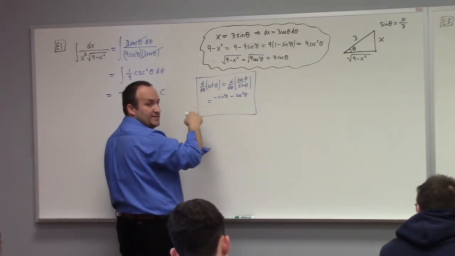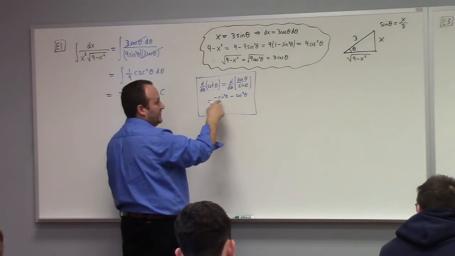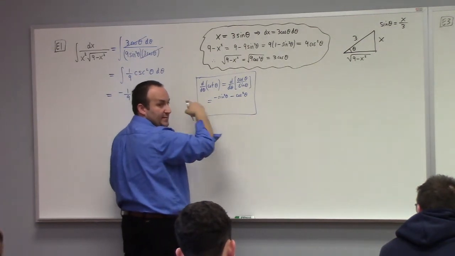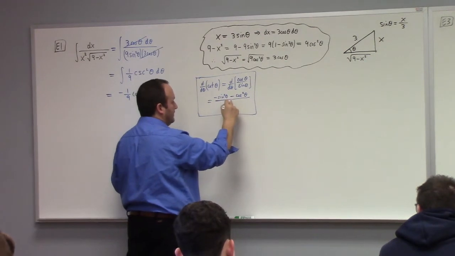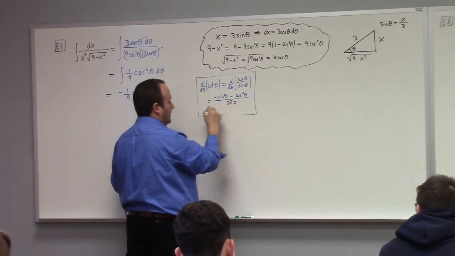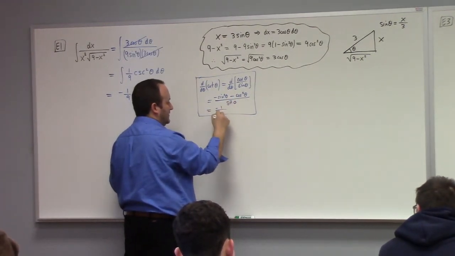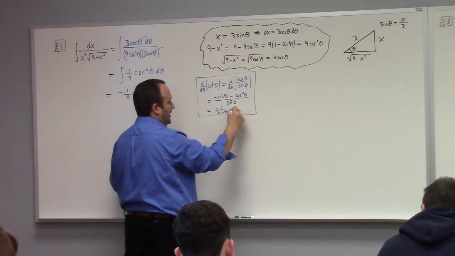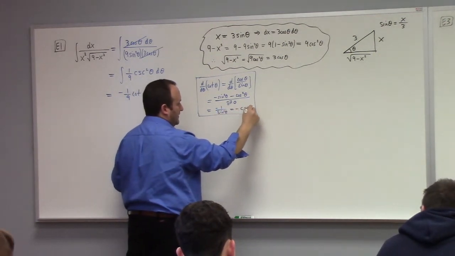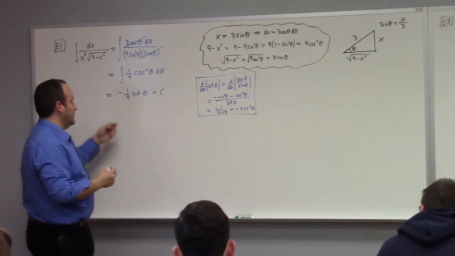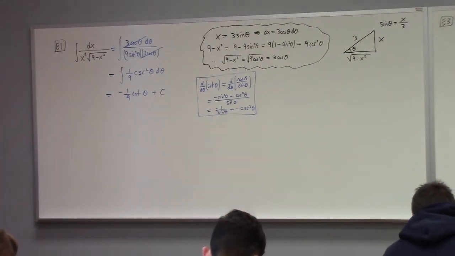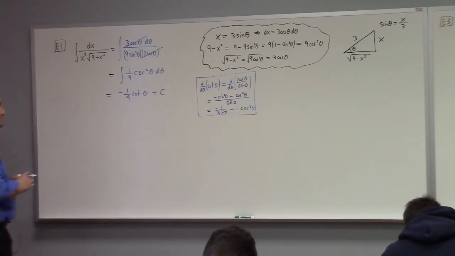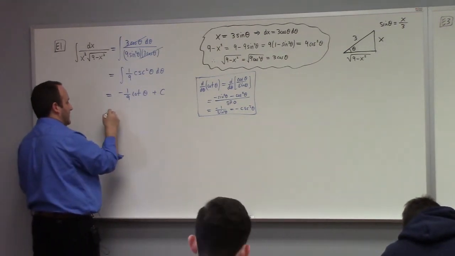F prime g minus f g prime, which gives us sine squared plus cosine squared with a minus out front. And then downstairs, sine squared theta. Of course, that is minus 1 over sine squared theta, aka minus cosecant squared theta. So, indeed, the antiderivative of cosecant squared is minus cotangent. And then what? All right, great.